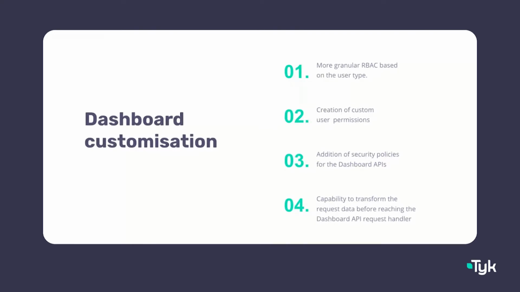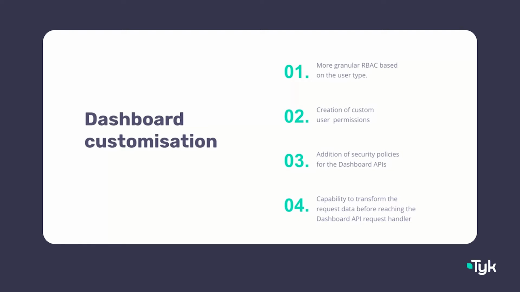For instance, some of them can be API managers that are interested only in seeing API analytics and usage, or we can have DevOps people that can set up upstream connections or configure server-related options, or API developers that configure the APIs and use them. So at the moment, we have a list of predefined permissions that you can set up when creating users on the dashboard, but we don't think that is enough.